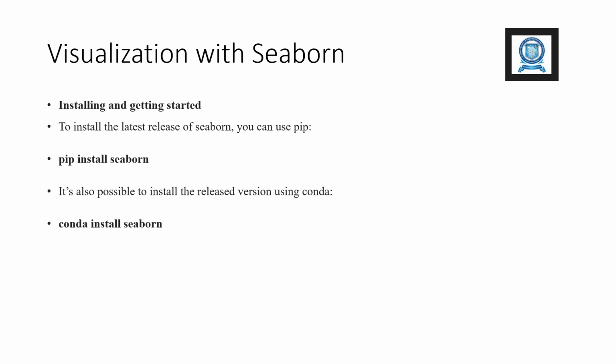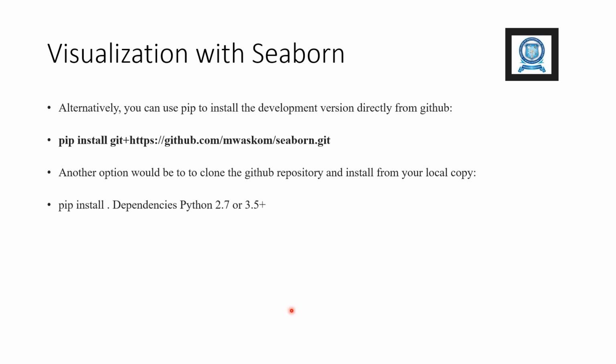To install Seaborn, we have to use pip install seaborn. It is also possible to install the released version using conda install seaborn. Alternatively, you can use pip to install the development version directly from GitHub: pip install git+https, and this link is given here.